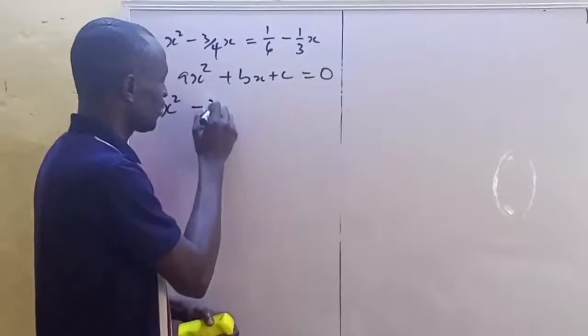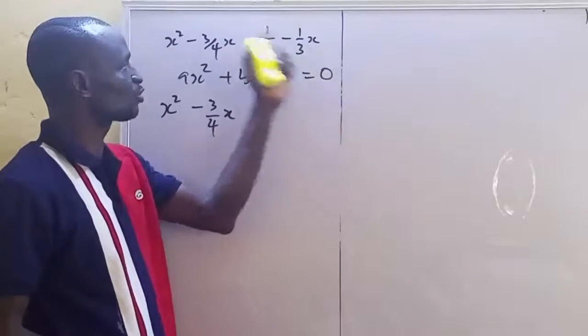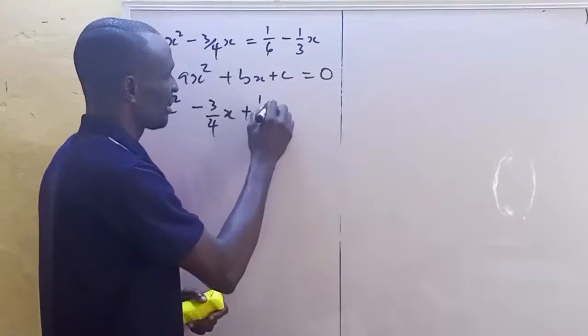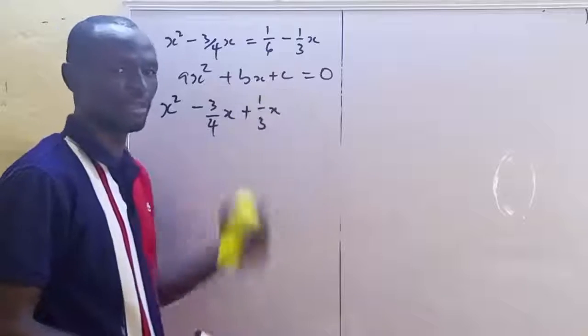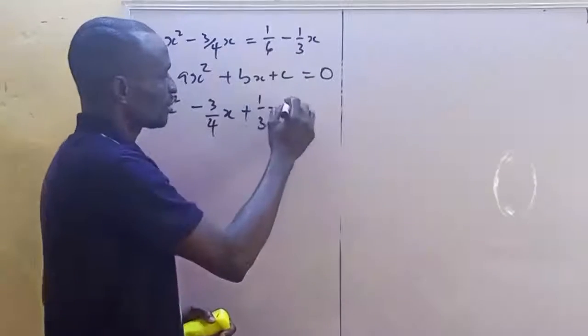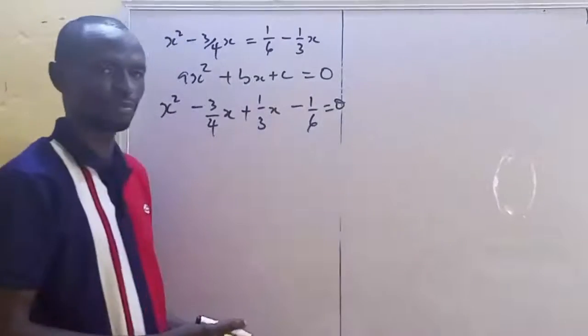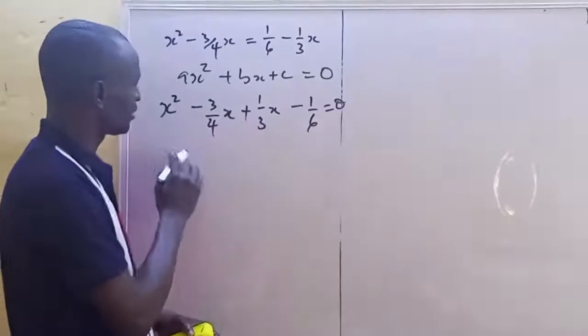That will be minus 3 over 4x. My minus 1 over 3x is going to go to this other side and becomes plus 1 over 3x. I have 1 over 6 here. That's obviously my c. It's coming up also to this side to become minus 1 over 6 equals 0.